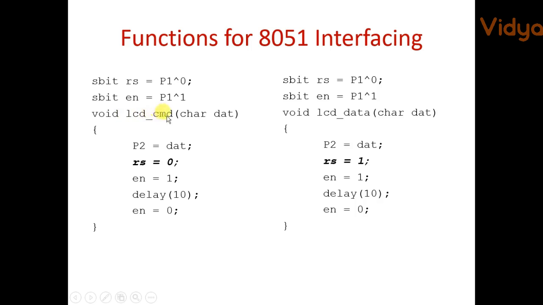The LCD command function will give the data to port 2, and then since it's a command, we make the RS pin go low, make enable high and make it low after a delay. Whereas when we print data onto the LCD, P2 is equal to whichever data we pass to the function, but this time RS will be equal to 1, enable equal to 1, and after a delay, enable equal to 0.